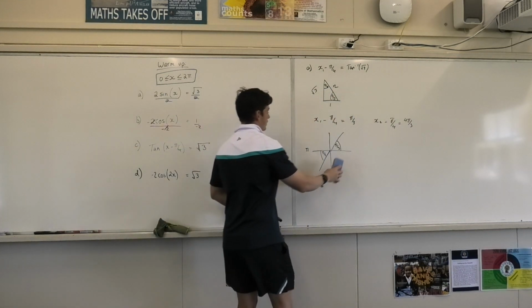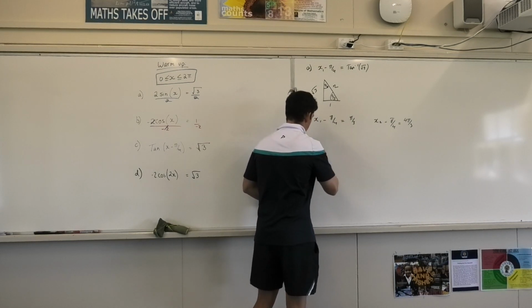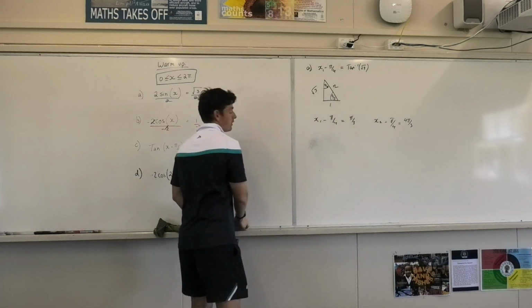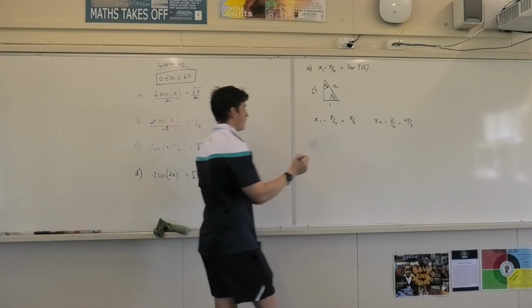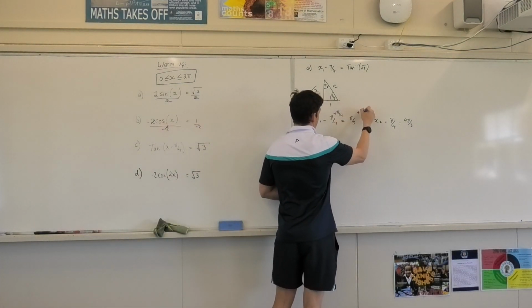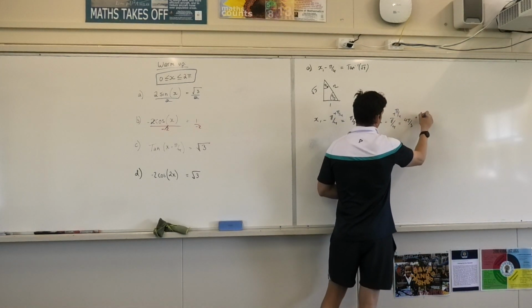Just going to get rid of my exact value circle. That's gross. What do I do from here? Rearrange by adding pi on 4 to both sides. Remember in year 10 when I said you need to learn to love fractions?